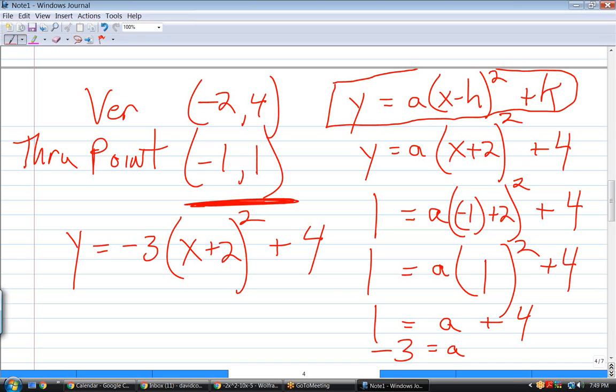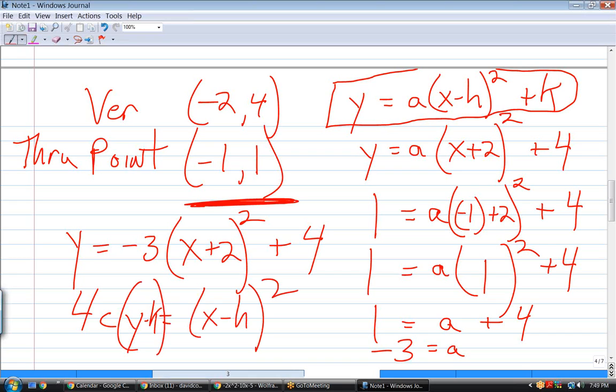But when you get into conic sections, you get rid of the A, and it becomes this. And the reason they change it is so that you know exactly the distance to the focus is C.